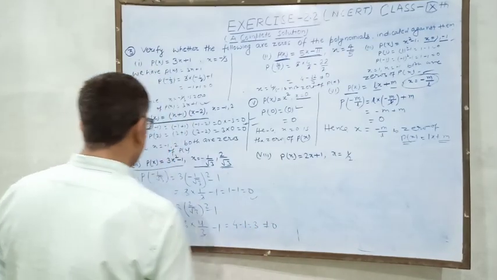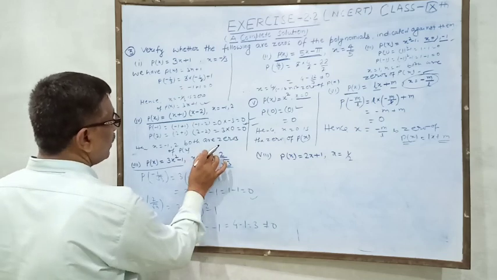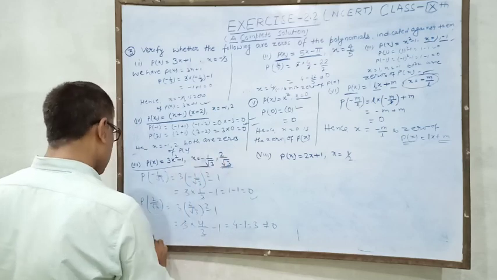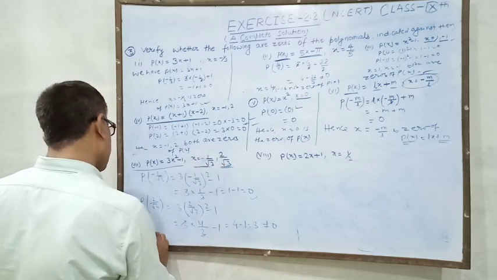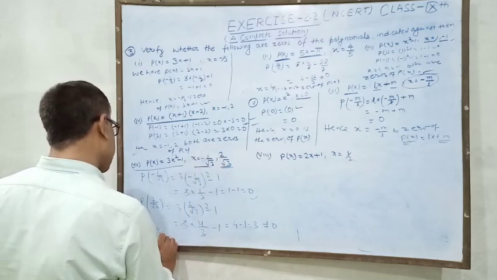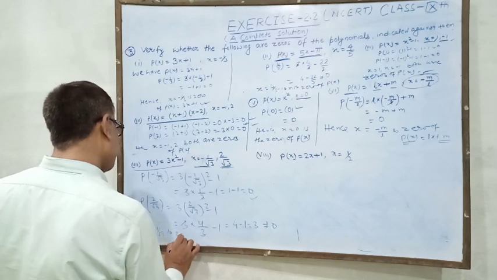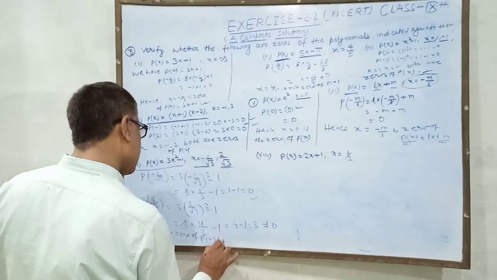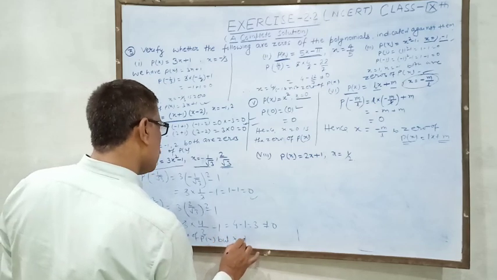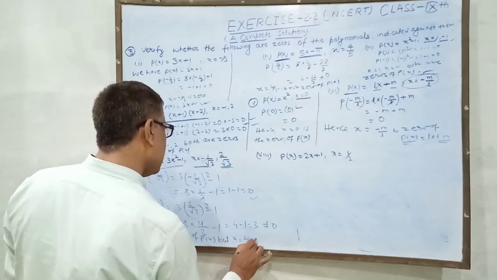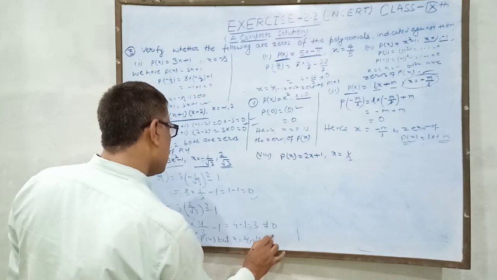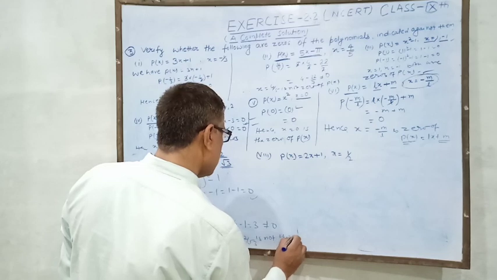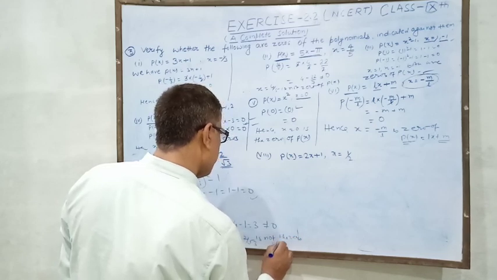So we write that one value of x is 0 and another value is not 0. That means x equal to -1/√3 is the 0 of p of x, but x equal to 2/√3 is not the 0 of p of x.